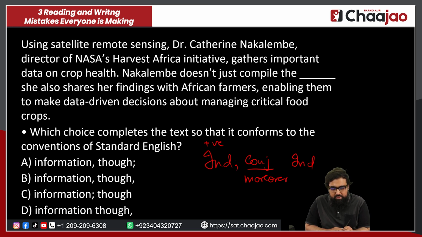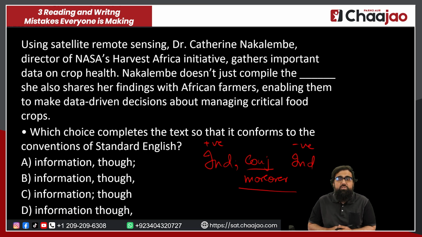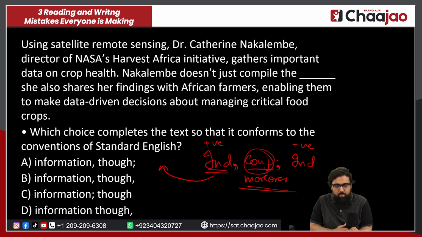So if this is positive and if this is negative, and you have a moreover which talks about joining two continuous sentences, this will be incorrect over here, right? And in this situation, what you'll do is you'll put a comma before and you'll put a semicolon after it, right? And this is how you go about the sentences. And normally this conjunction is joining this sentence with the one that is written before it. So that is how it works.